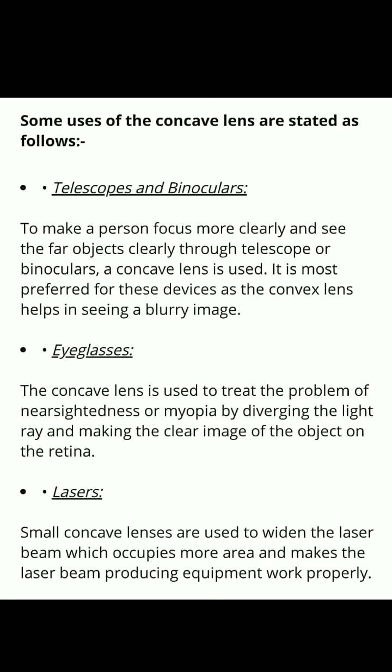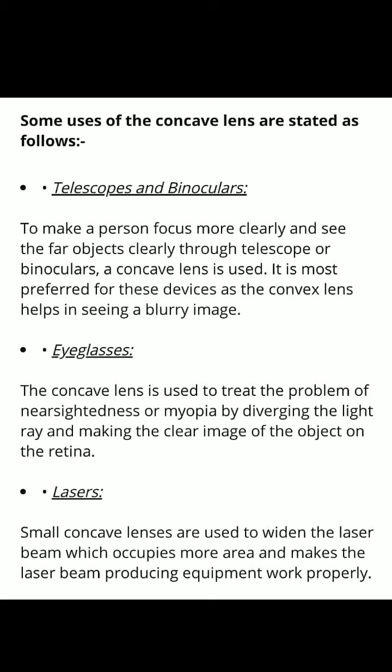The red color or green color light that you see, these are lasers. As laser beams are highly focused, they need to be spread out so that the equipment works in a proper manner. Small concave lenses are used which widen the laser beam to sharply access the specific area.